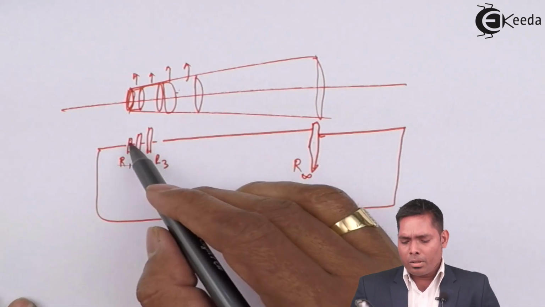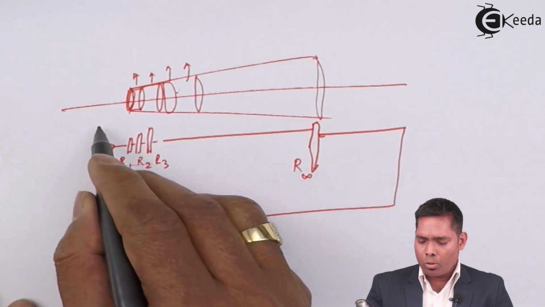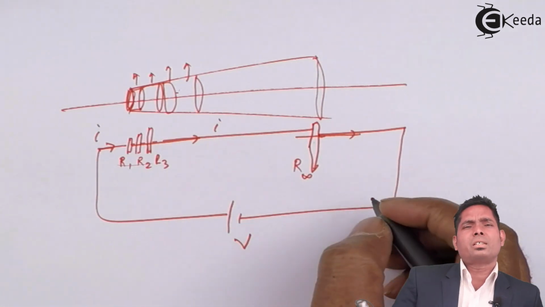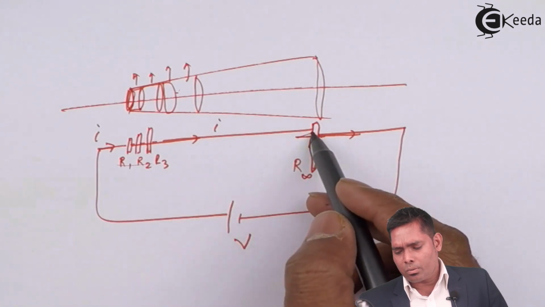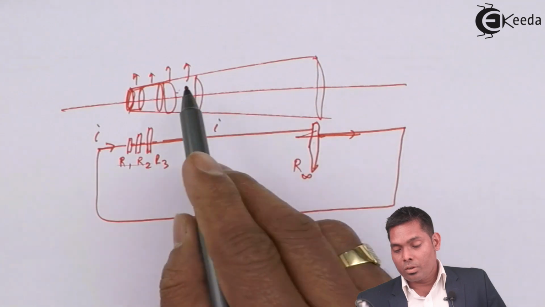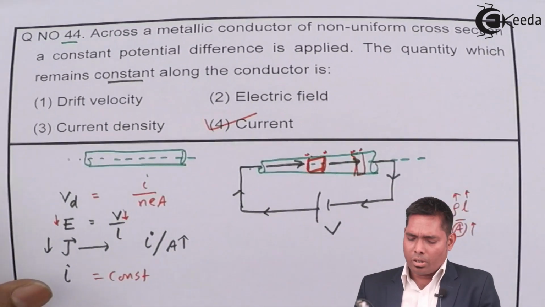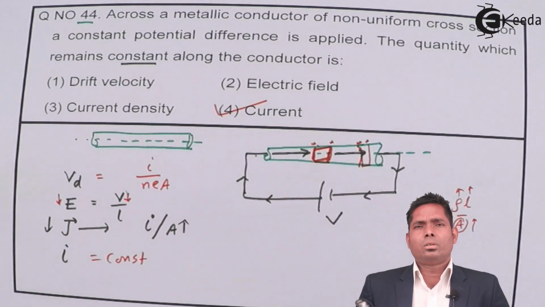In series, even though the resistances are different, the same current will flow throughout. So I will remain constant irrespective of the non-uniformity in the area of cross-section. Therefore the current will remain the same, and that is the answer to this question.